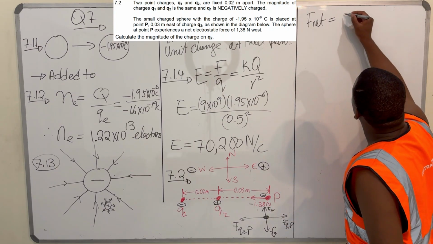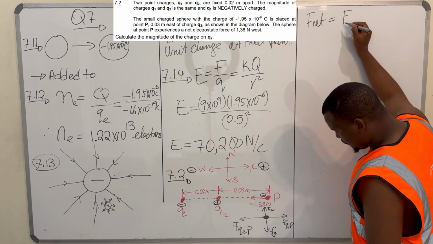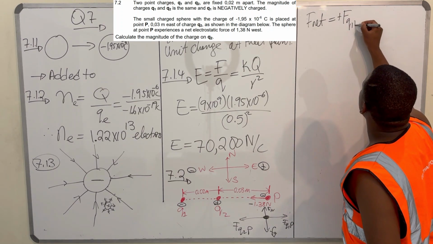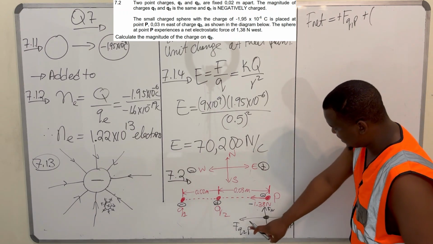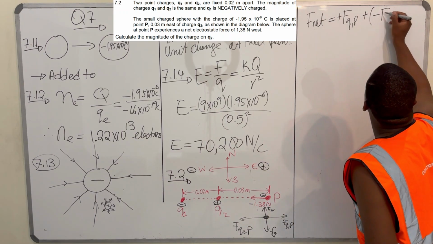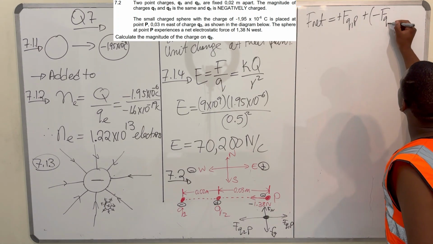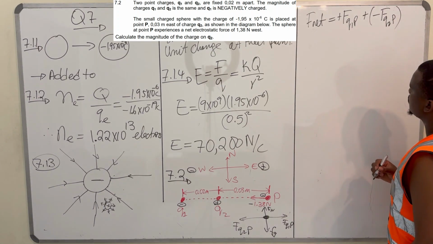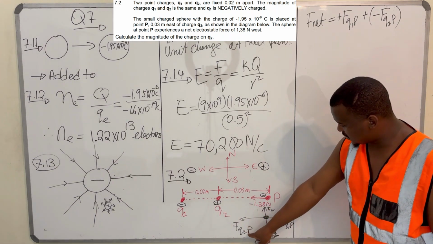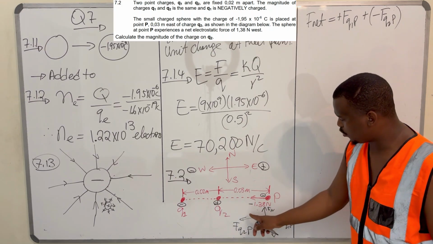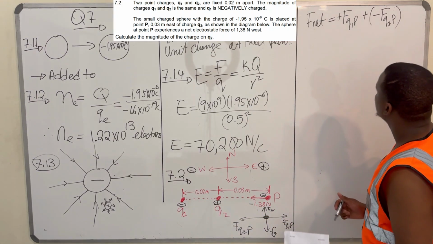Of a positive, this force, which is Q1 at P, plus a negative, that one, which is negative force of Q2 at P, right? And I would think this one is a stronger force, because this one is moving to that side, so this one is the more dominating force, this one than this one.